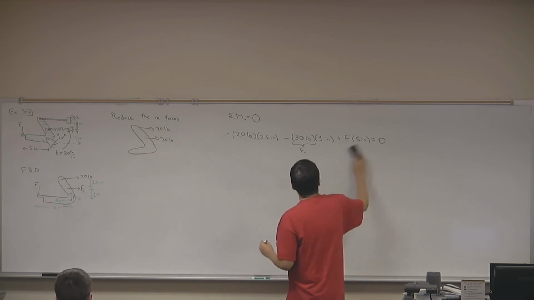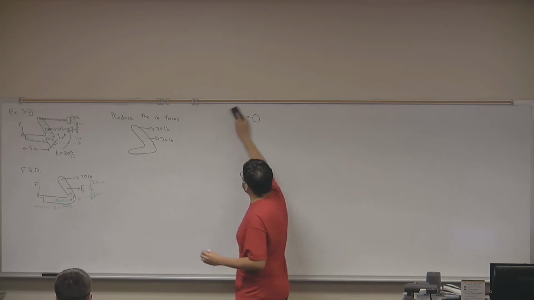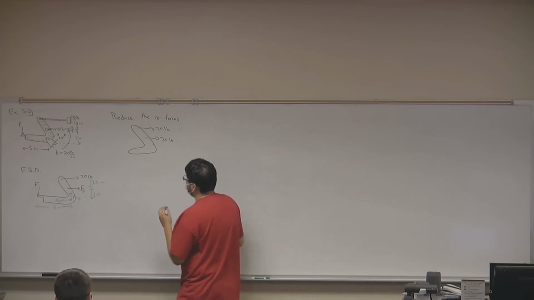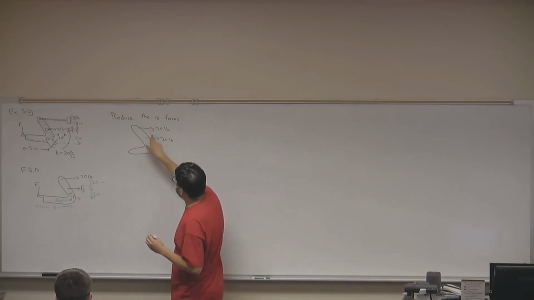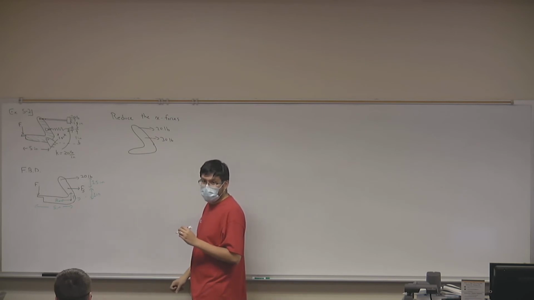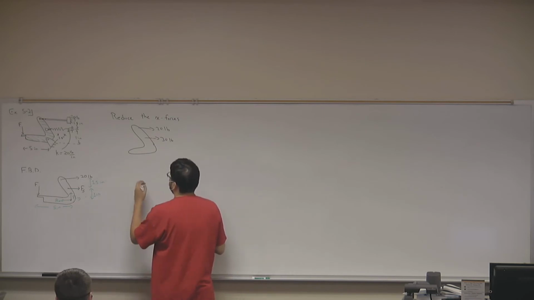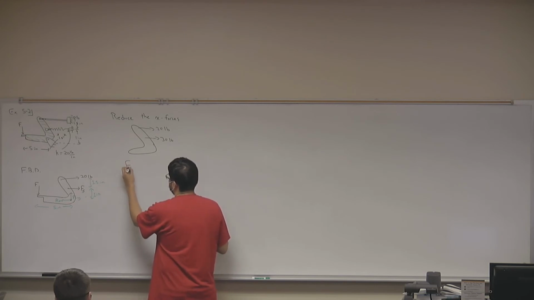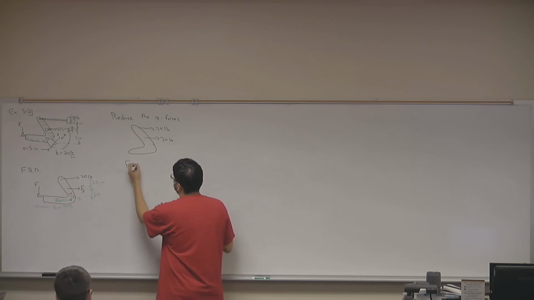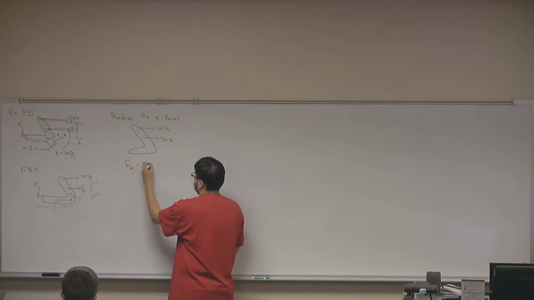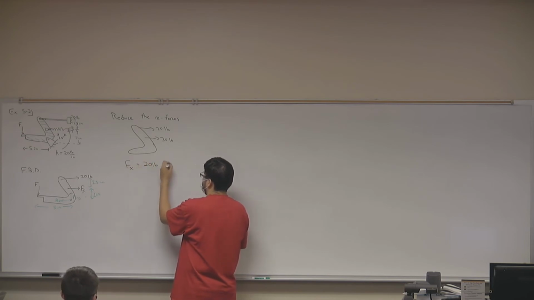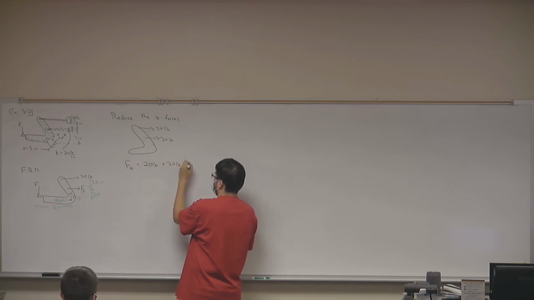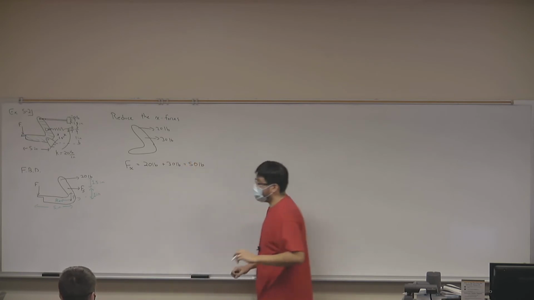What does this reduction have to give me? Well, first, my reduction has to equal the magnitude of the forces. In other words, my reduced force, I'll just call it Fx, has to be equal to the magnitude of 20 pounds and the magnitude of 30 pounds. So my reduced force has to have a magnitude of 50 pounds.